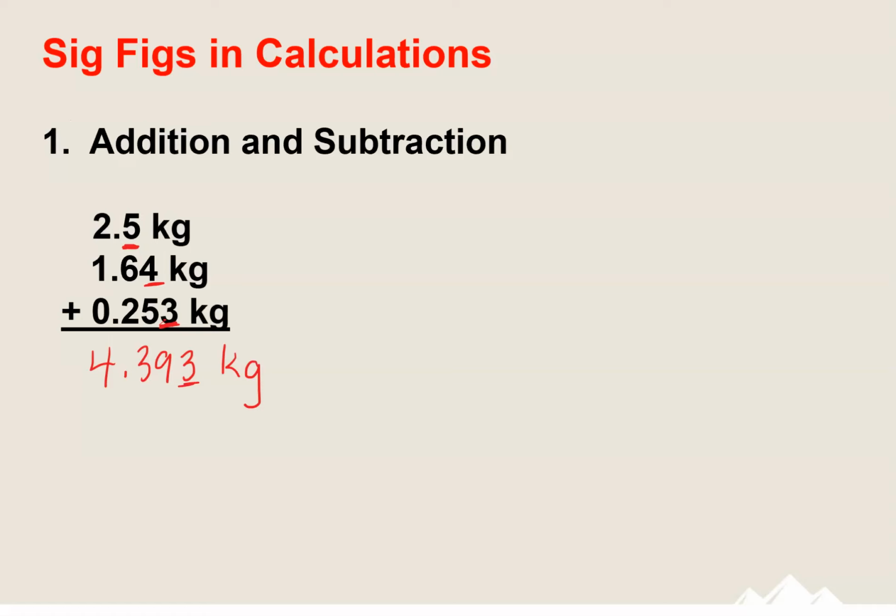So for example, because the 3 was uncertain, this 3 in the result is uncertain. And again, because the 4 in the hundredths place was uncertain, the hundredths place is uncertain. And because the tenths place was uncertain in this, the tenths place in my answer is uncertain. So I've put an underline under every uncertain digit.